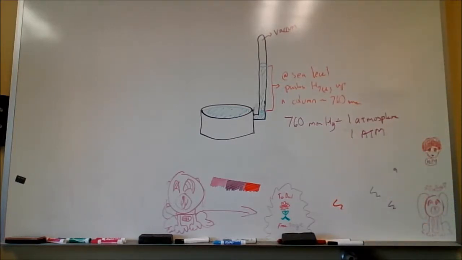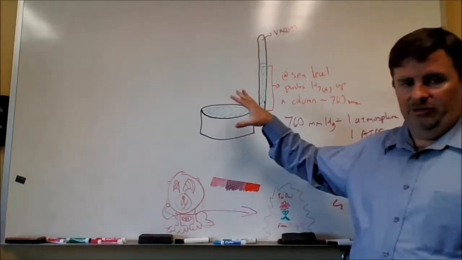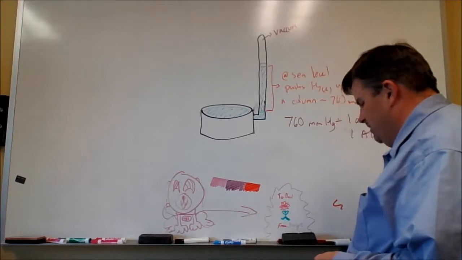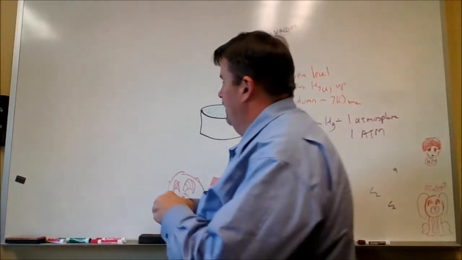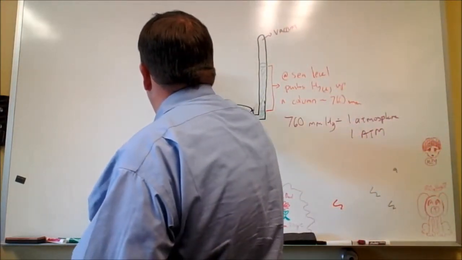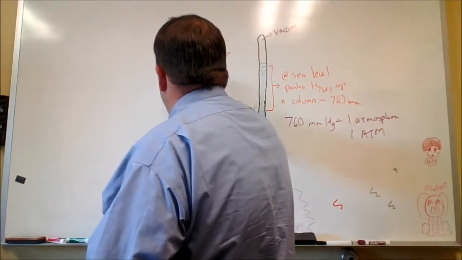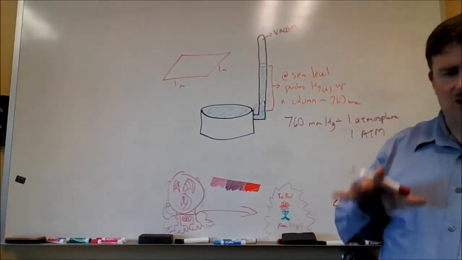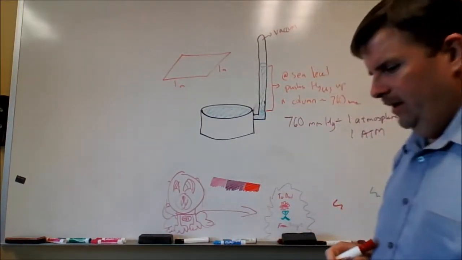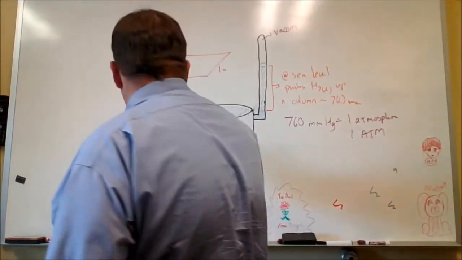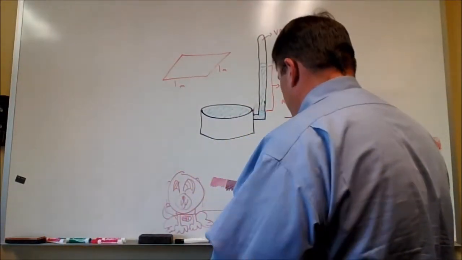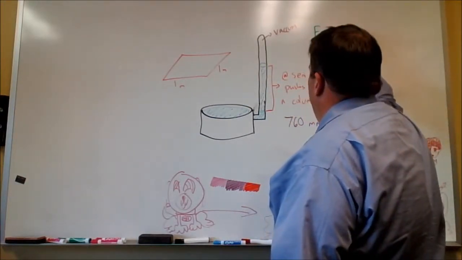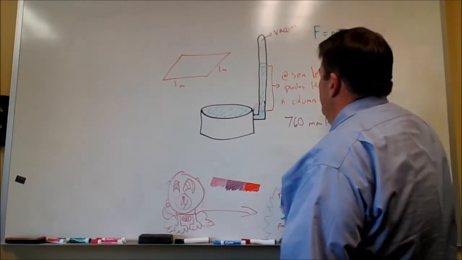Okay, that's the amount of pressure that's pushing down on this little tub of mercury. Now, when you look at this from a physics standpoint, what we're trying to figure out is how much pressure is going to be applied in a 1 by 1 square meter area. So how much force is being pushed down on this? And force, as we know, is equal to mass times acceleration.